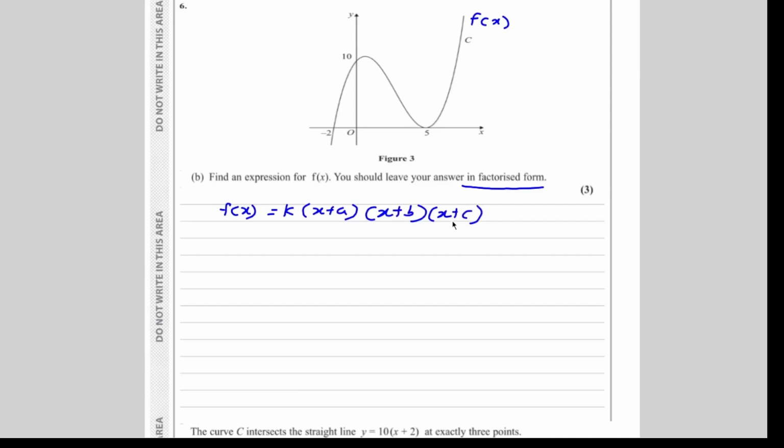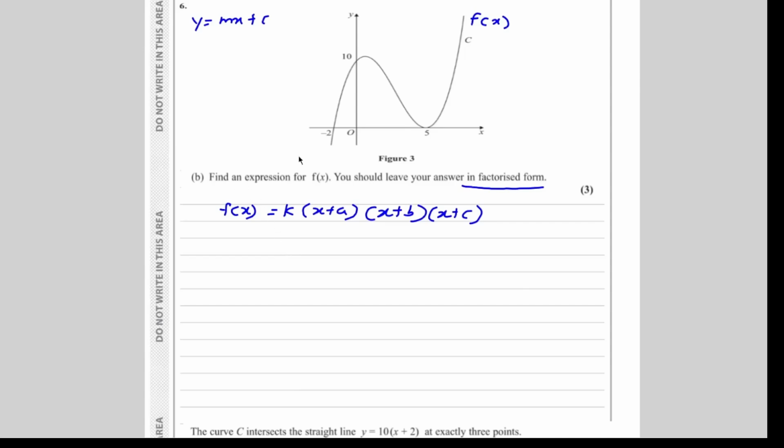So this is a standard equation. Now for a straight line, there's a standard equation, right? y equals mx plus c. There is a standard equation for a quadratic too; when a quadratic question comes, I'll explain it. This is the standard equation for a cubic when we are writing in factor form.